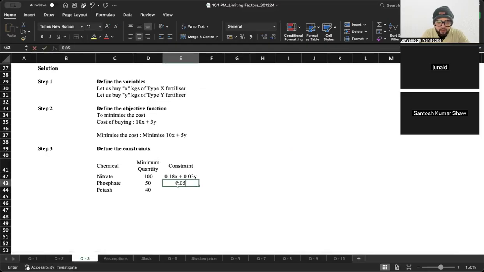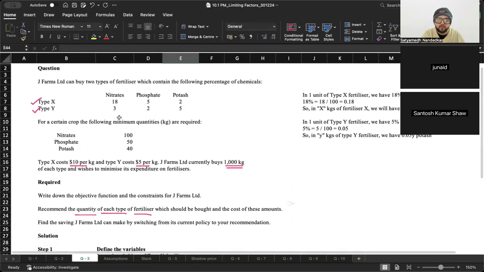ठीक है. 0.05x plus, so you need 50 kg phosphate, 1 unit of टाइप Y में 2% फॉस्फेट है, तो Y kgs में कितना होगा? Y kg इंटू 2%, राइट?